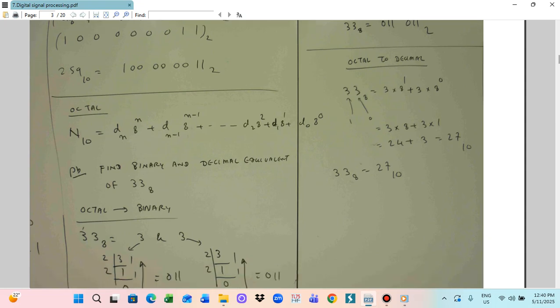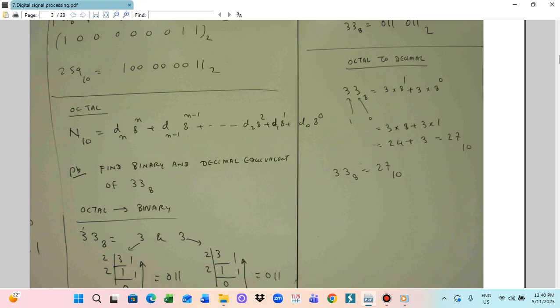Another one is octal to decimal conversion. So that will be 33 base 8. This is the first 3, and the second 3. The first 3 is multiplied by 8 power 1, for the first position, and the other 3 is multiplied by 8 power 0, for the 0 position.